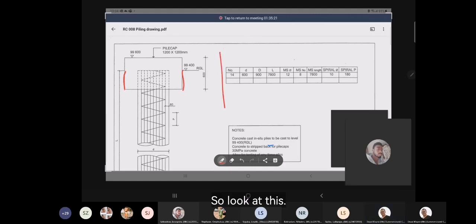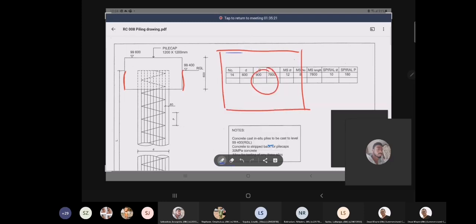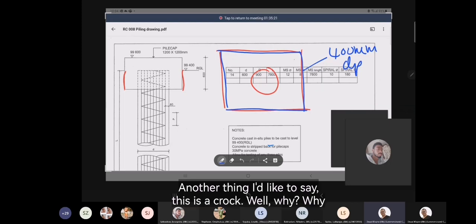Now look at this. The risk of collapse there, and it would be 400 millimeter deep.